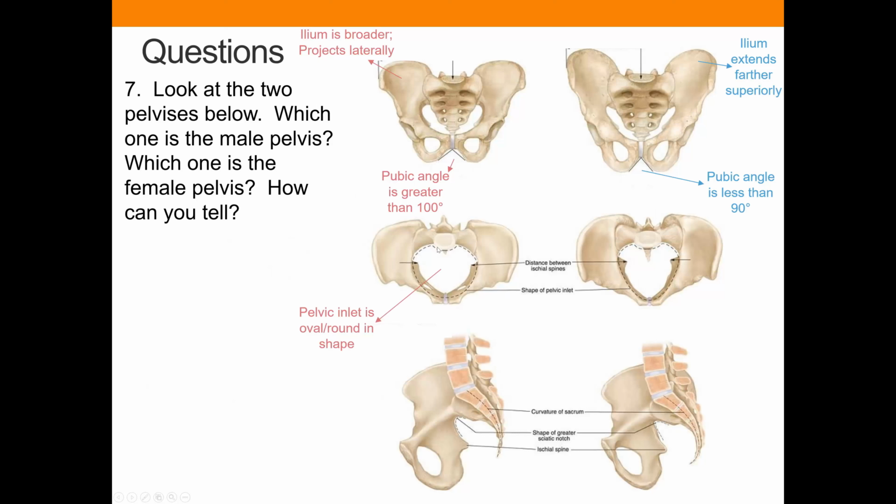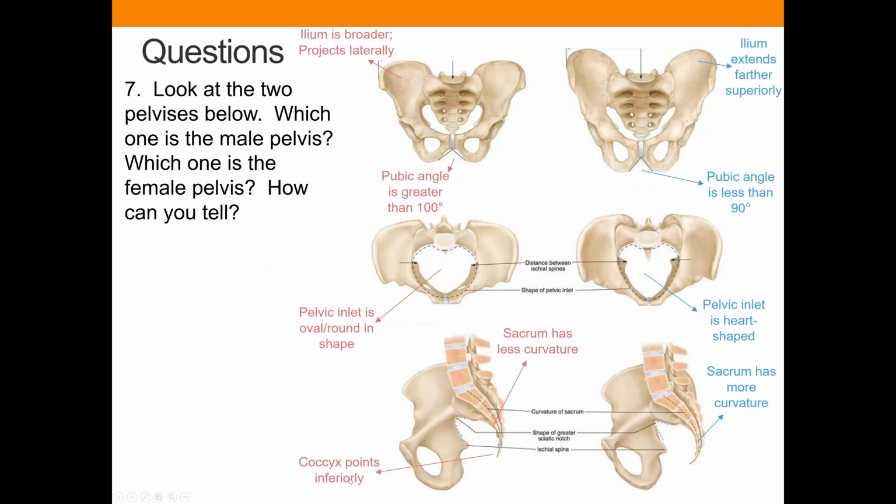The pelvic inlet on the left is oval and round in shape and a little bit larger, whereas the pelvic inlet on the right side is more heart-shaped and narrow. On the left side, we have the sacrum with much less curvature, and it's more curved on the right side.